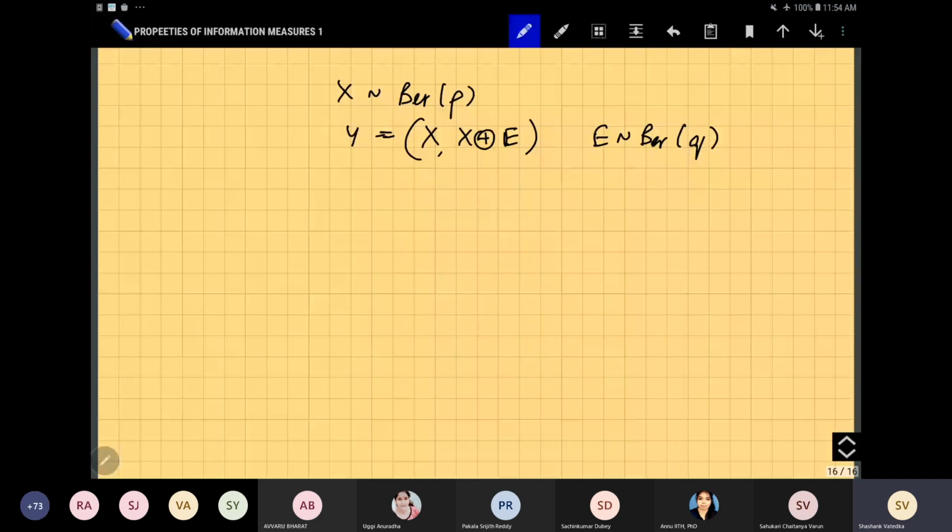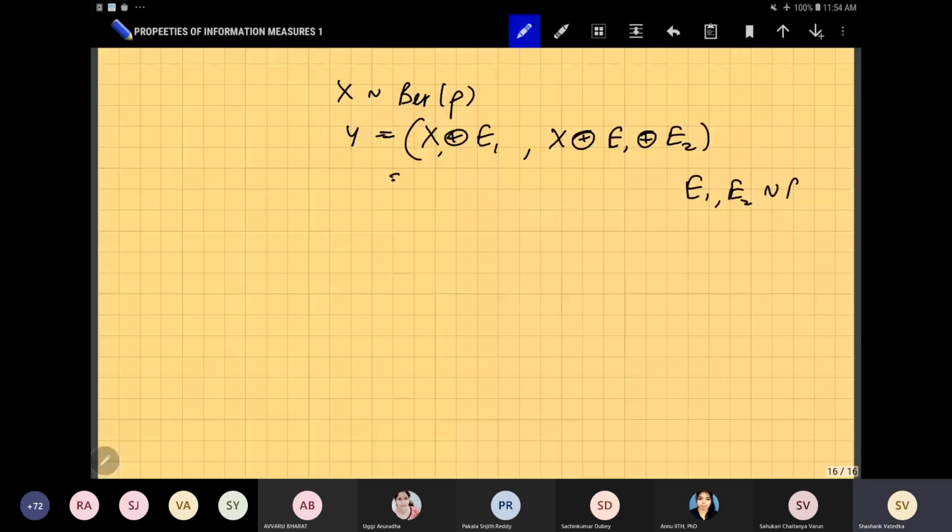And my y is equal to y1, y2, where y1 is x, or maybe let me put it in a slightly different way. So this is x XOR e1 and x XOR e1 XOR e2, where e1 and e2 are Bernoulli q and are independent of each other.